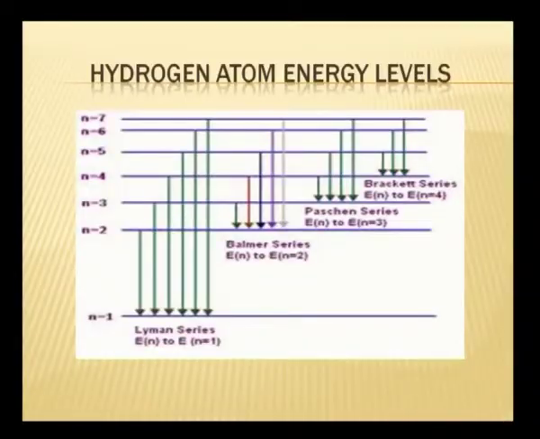This fine structure, the fact that it consists of more number of lines, could not be explained on the basis of the Bohr model. That led to the Sommerfeld model, the vector atom model, quantum mechanics, and so on. Further, there are some experimental observations like the Zeeman effect and the Stark effect.